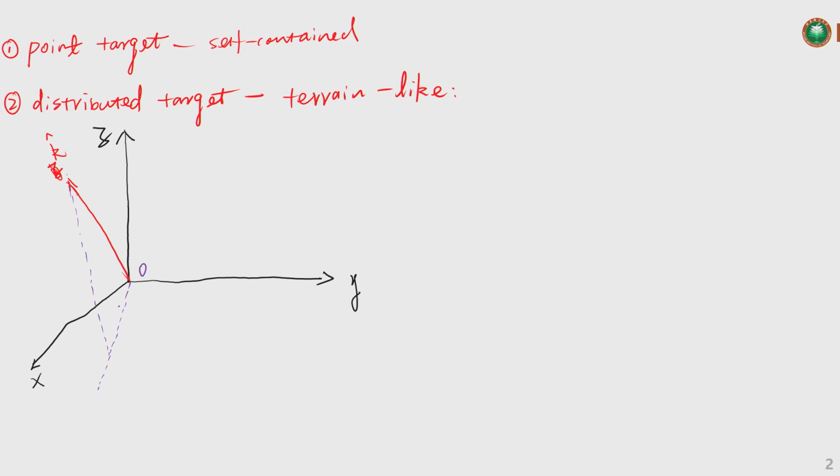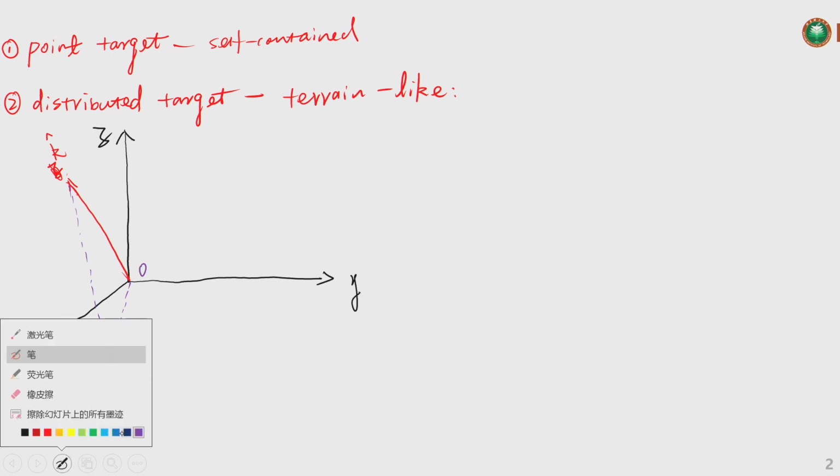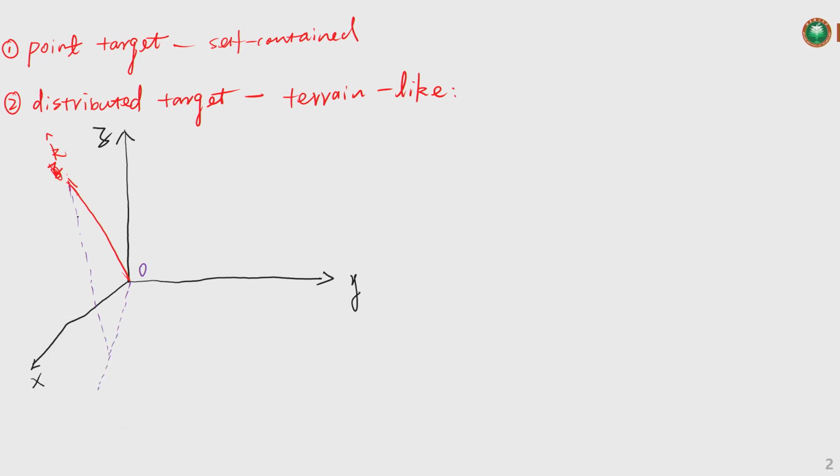Now we define the directions of the electric field. The first one is parallel to the x-y plane and also perpendicular to the propagation direction k. We call it the unit vector h.